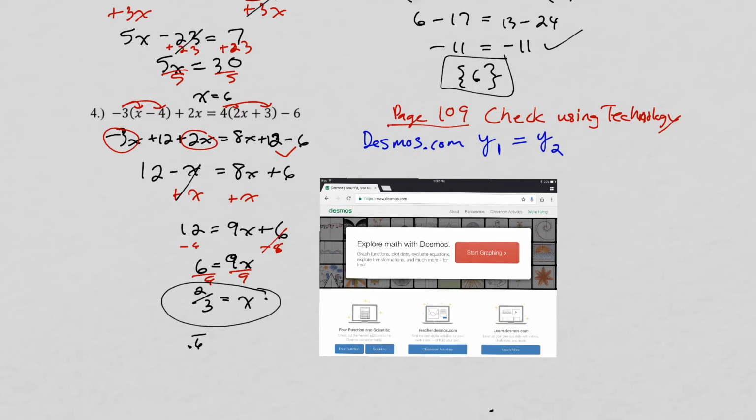So that's how you can check any of your work that you want to. And as we get into fraction equations, you'll see how useful this is.